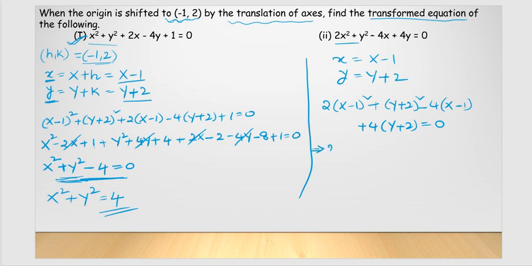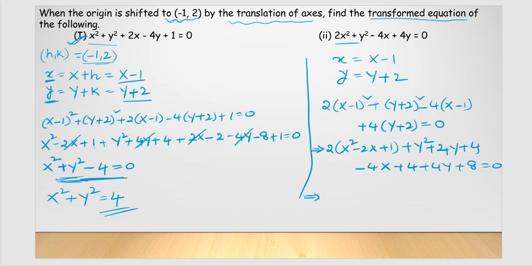Which implies 2 times of (X square minus 2 times capital X plus 1) plus the same things what we got there, Y square plus 4Y plus 4, minus 4 times of capital X is minus 4X, minus of minus is plus 4, plus 4 times of (Y plus 2) which is 4Y plus 8, is equal to 0.